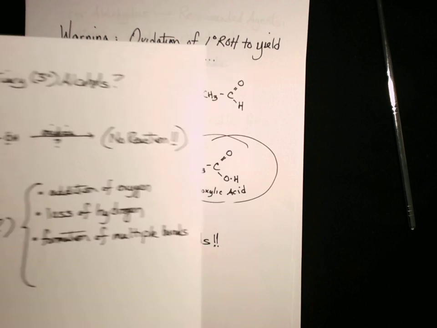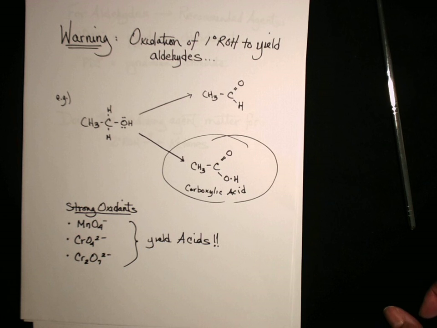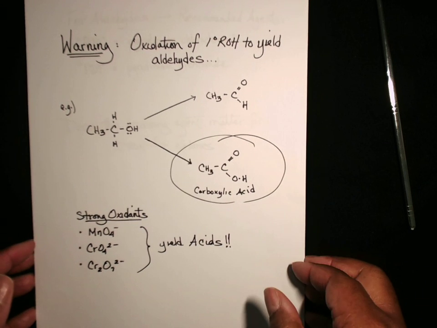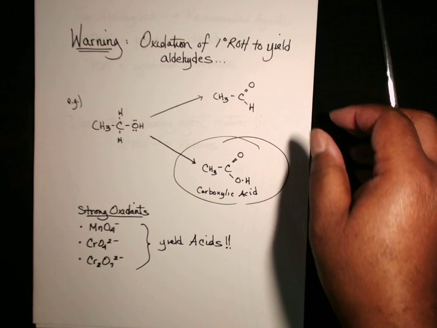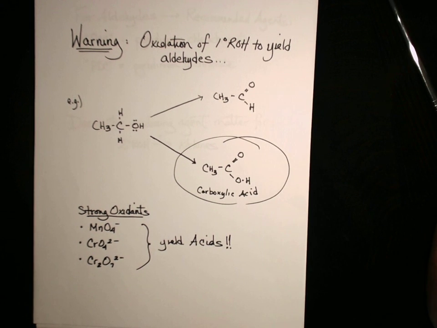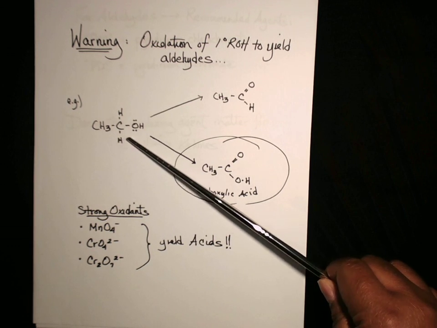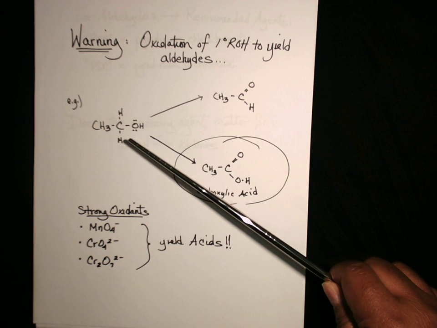Now, I do have one word of warning though, and this is a common mistake. You have to be careful oxidizing primary alcohols because aldehydes are not the only potential product. If you look here, I have ethanol.